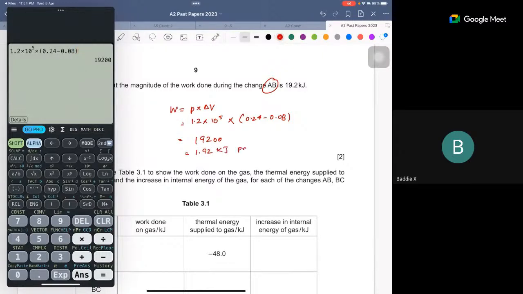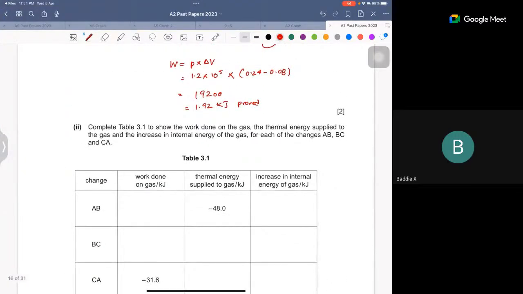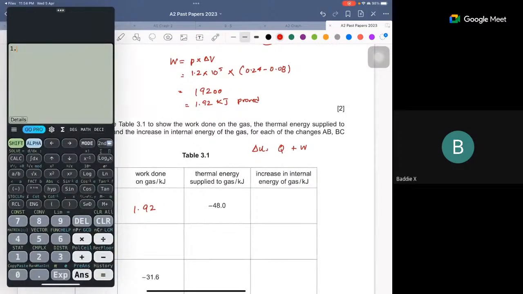Okay, proved. Pretty easy. And now come to the table, which is extremely easy. So A to B, we have already found the work done, which is 1.92. The equation is the increase in internal energy is the heat plus the work done, right? So you got to add it, and with the signs, please.